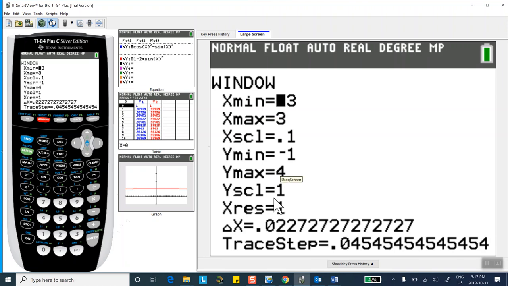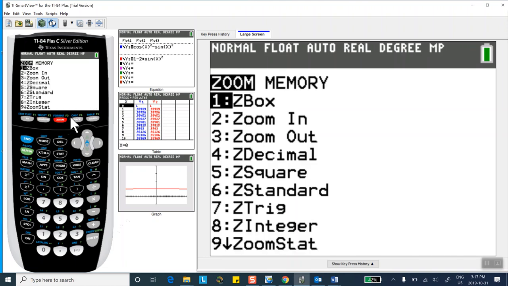Let me also change the y min and y max to 4. I don't want zoom box, I want the standard one, number 6. Let's go to number 6. Up, enter.